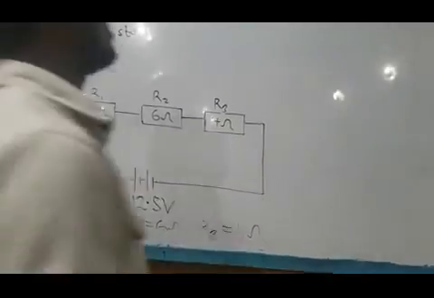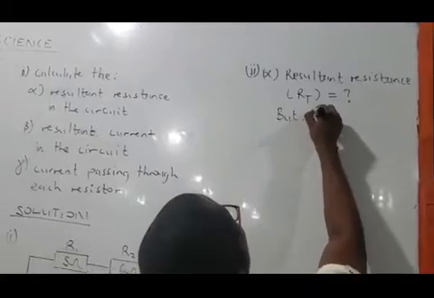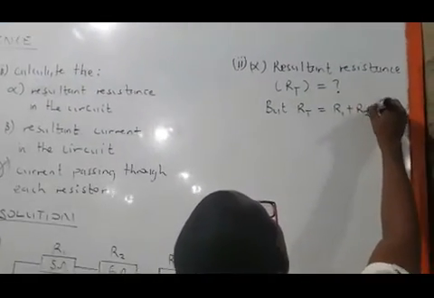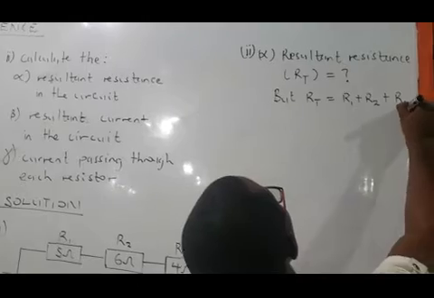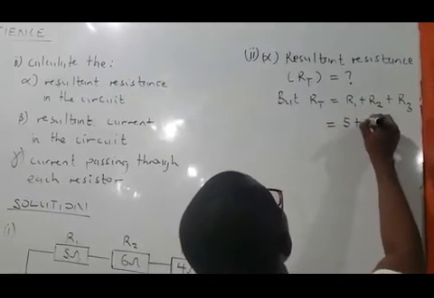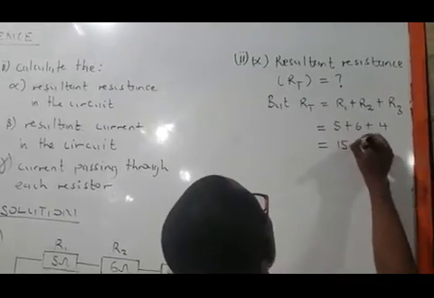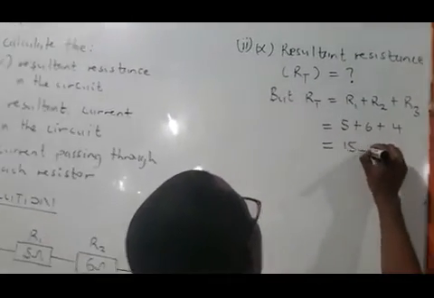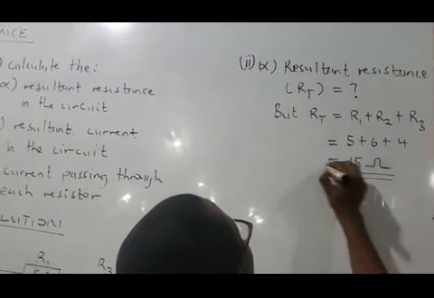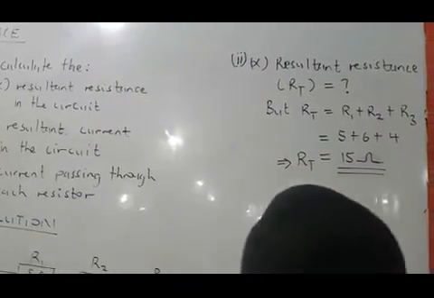So your RT here will be equal to R1 plus R2 plus R3, so that will be equal to 5 plus 6 plus 4, which is equal to 15 ohms. So that is RT.